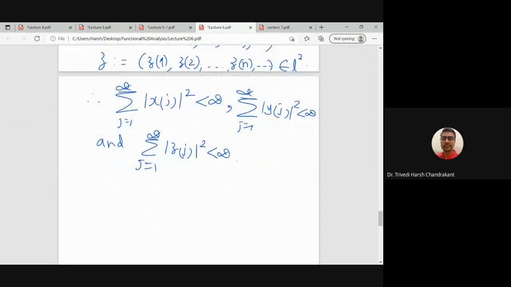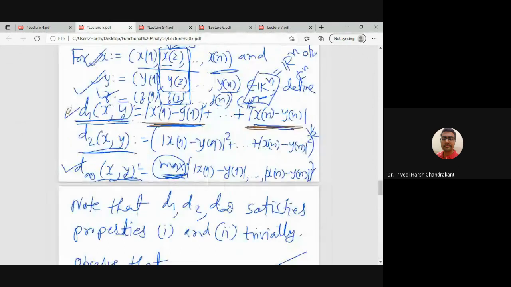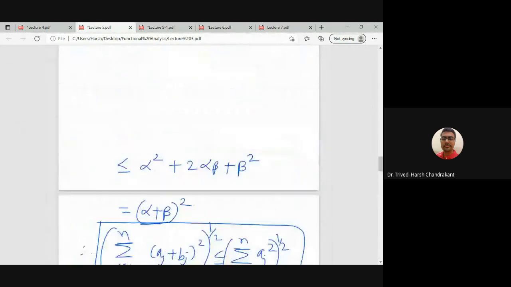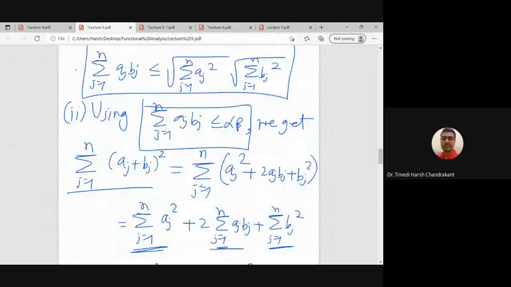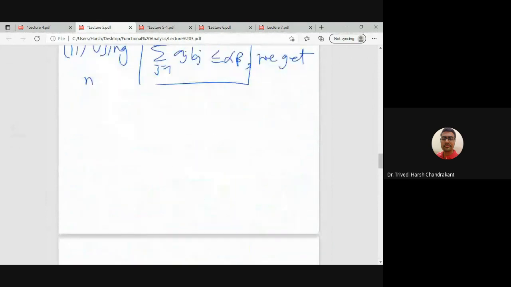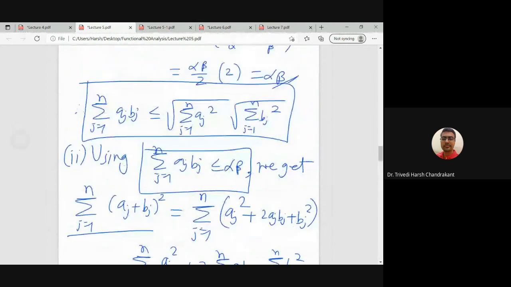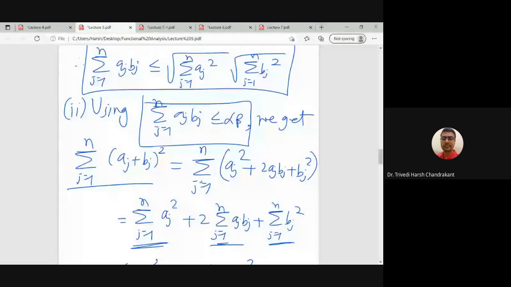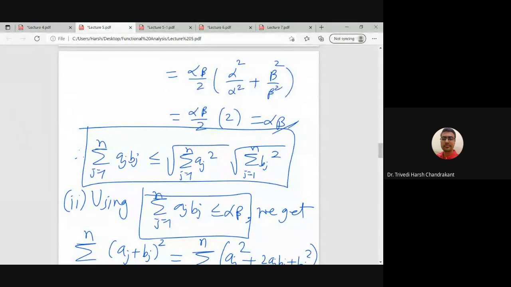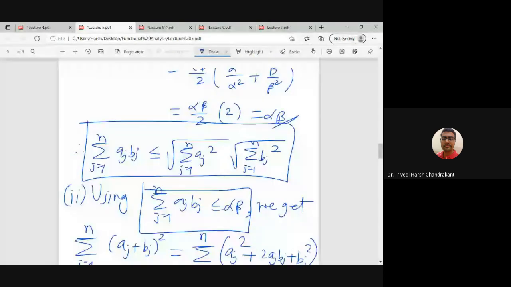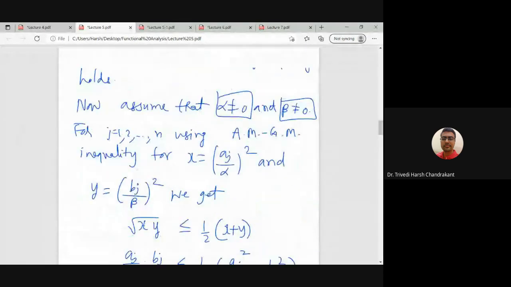Okay, and then we discussed some inequalities. What are those? Cauchy-Schwarz inequality and Minkowski inequality. So what does the Minkowski inequality say?